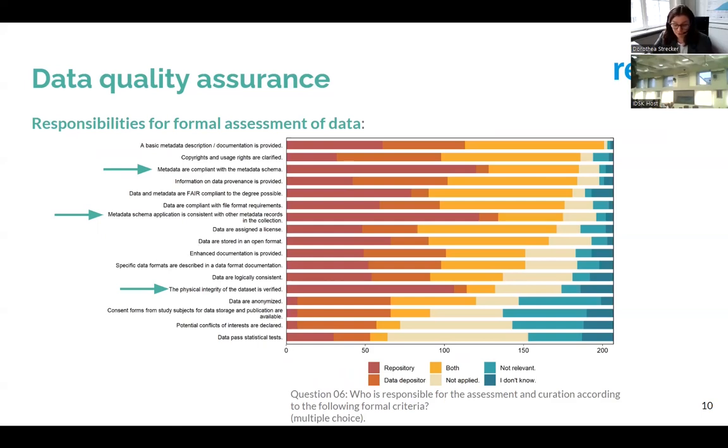But we found that here, the areas where repository operators see the responsibility mainly with the repository and not so much with the data depositor are metadata generation in general, ensuring the consistent application of the metadata schema, and taking care of the physical integrity of the dataset. So repository operators see their role in quality assurance mainly in these areas. Other quality assurance measures are often shared with data depositors, but here the focus is clearly on the repository.